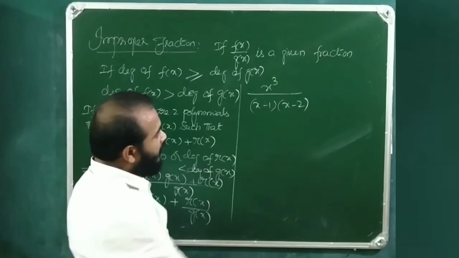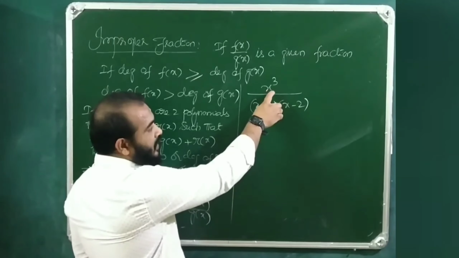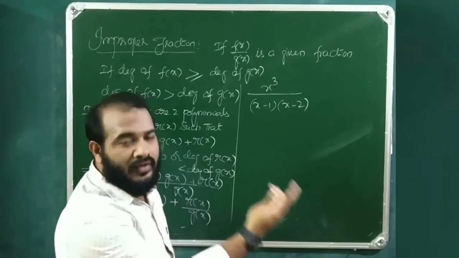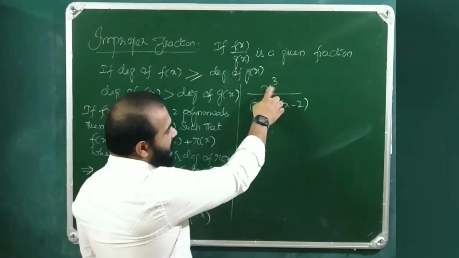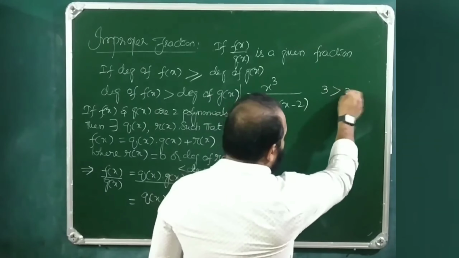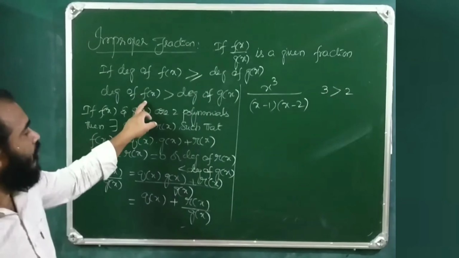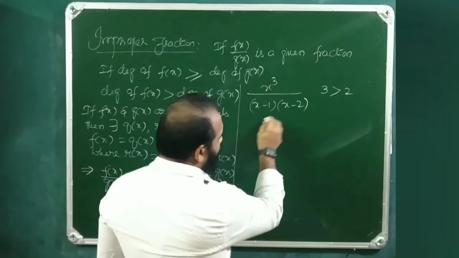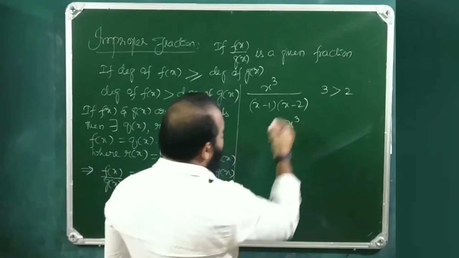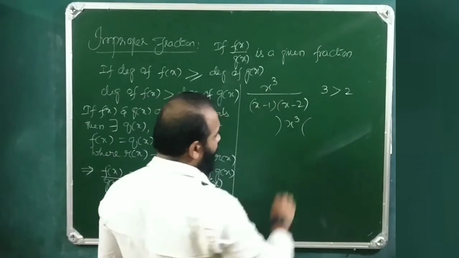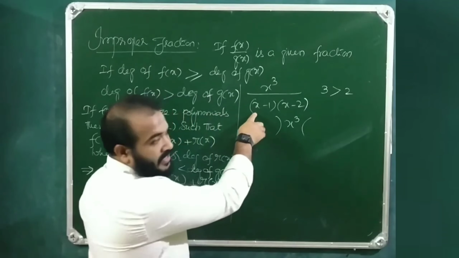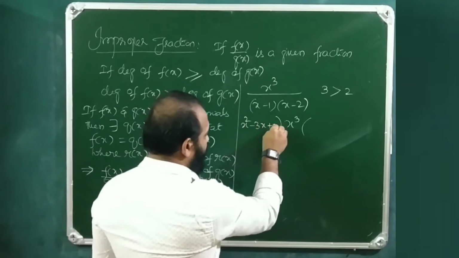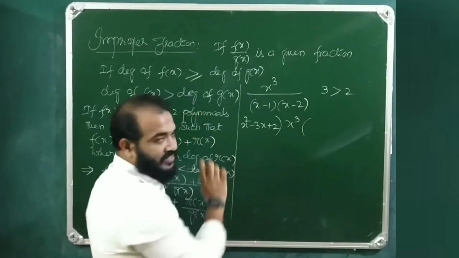Now the degree of f of x is 3 and the degree of the denominator is 2. So 3 is greater than 2, so the degree of f of x is greater than the degree of g of x. So how do we solve this? Let us divide x cube by the denominator x minus 1 into x minus 2, which is x square minus 3x plus 2. If you multiply this, we will get this.